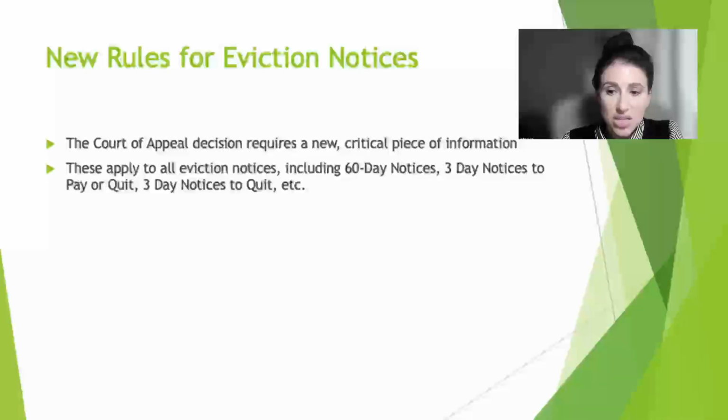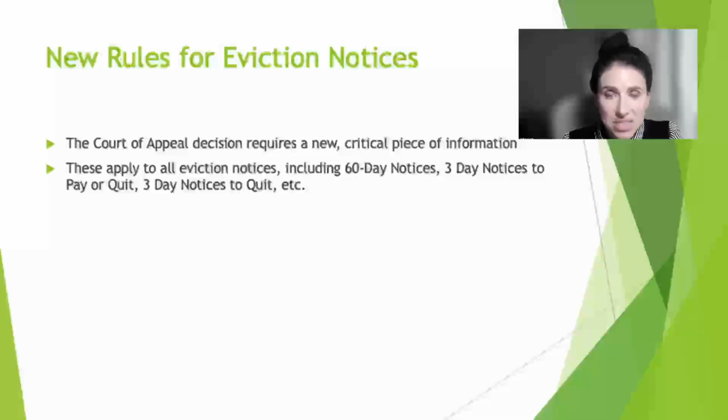The court specifically noted that without the notice stating the date that the notice was served, an ordinary tenant would not have reasonably understood when the deadline is. And they wouldn't have understood that if they didn't reach that deadline, they would be forfeiting possession of the property. This defect can be very simply cured, but landlords are still screwing this up, and they are not including this detail. So this is extremely important for landlords to listen to, as well as tenants, so that they can point out defects in the notices that they're served.